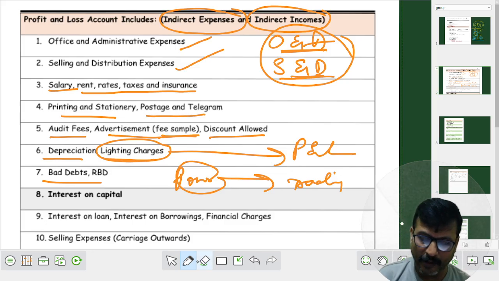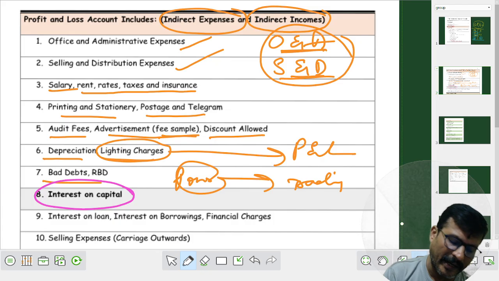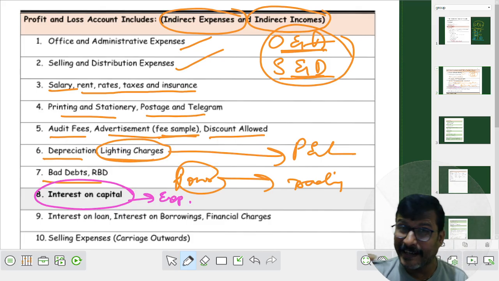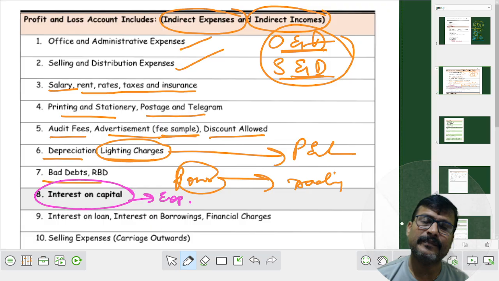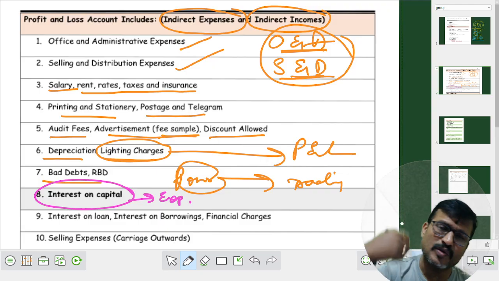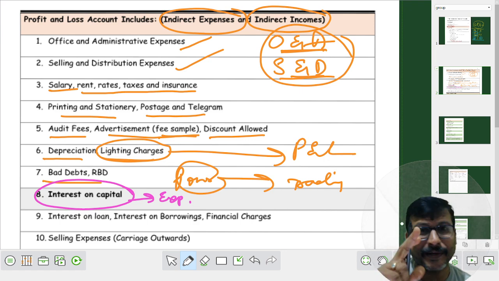Another important point, my dear student, please make a note of it: interest on capital. Always remember, interest on capital is an expense. Interest on drawings is an income, because capital is the amount of the proprietor for which the business has to pay interest to the proprietor. You should not think from the proprietor angle.